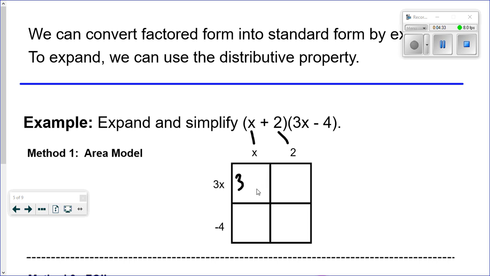Wow, that's horrendous. The second box, we have 2 times 3x. The third box, we have x times negative 4. And the fourth box, we have 2 times negative 4. And we turn around and write out our values.